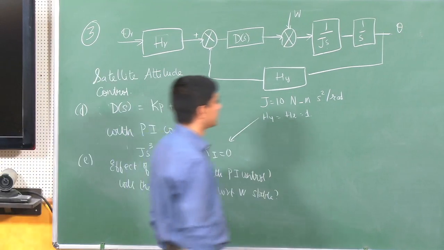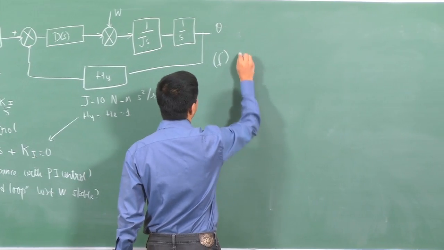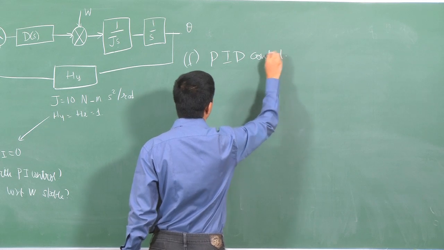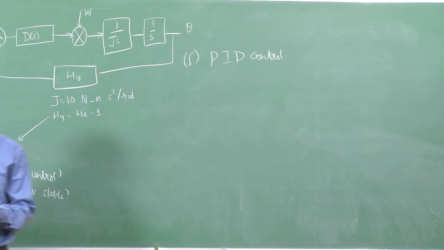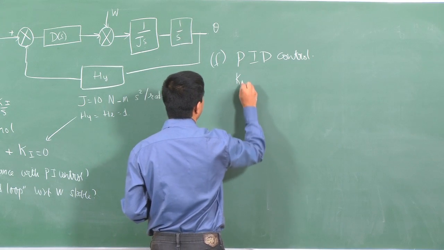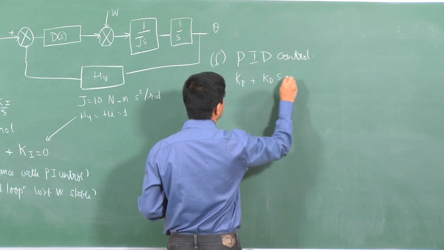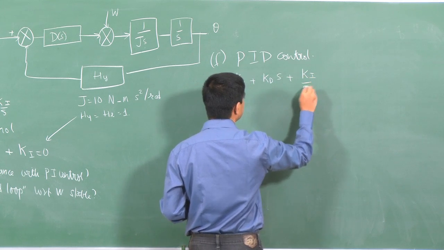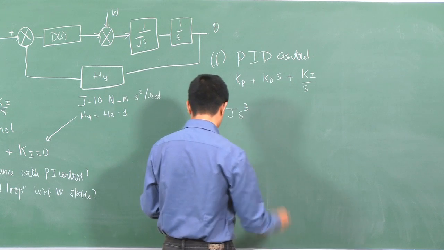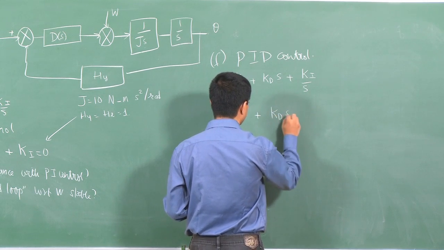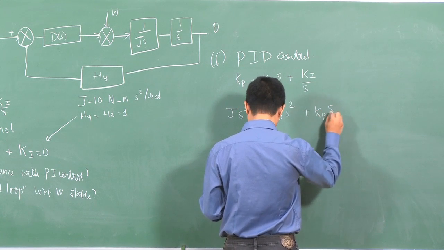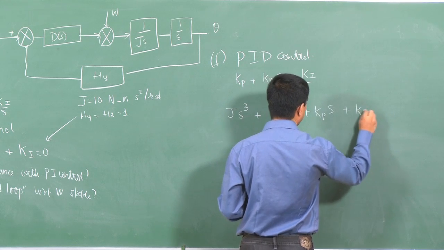Okay, so the last part now is to check what happens with a PID control. So for PID control, I will have Kp plus Kd times s plus Ki over s. I'll skip all the steps, and you just have the characteristic equation of the form Js cube plus Kd s square plus Kp times s plus Ki equal to 0.